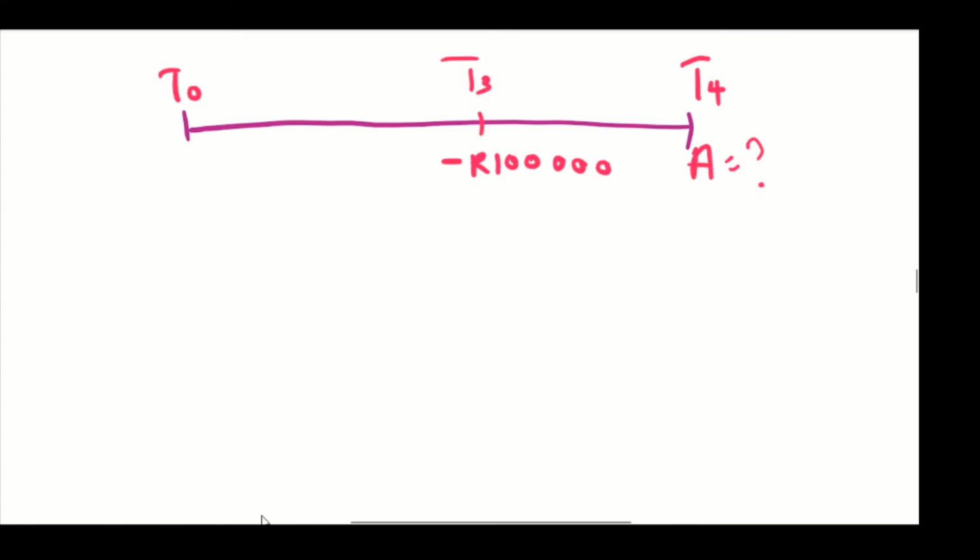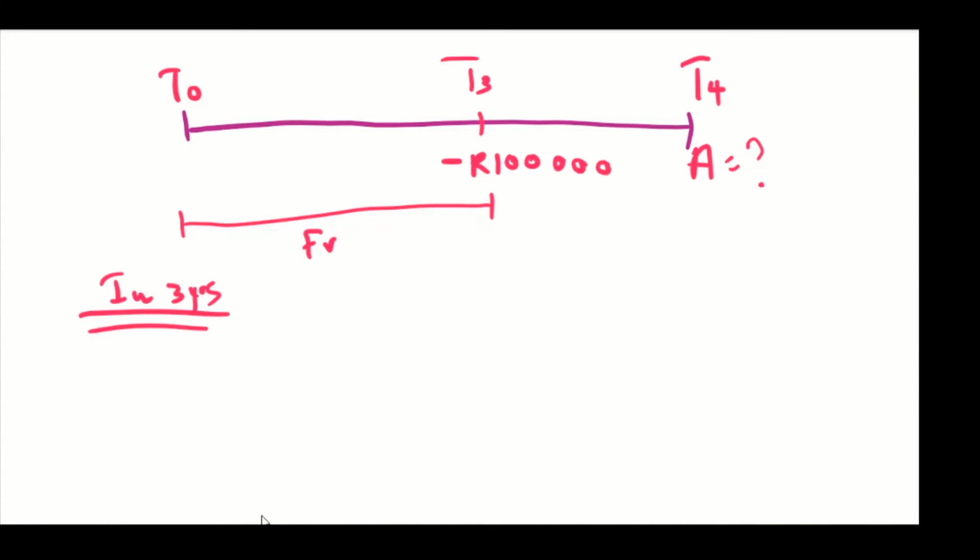Because he invests 15,000 rand quarterly, let's find FV from T0 to T3, right? For the first 3 years, we want to identify the future value annuity, which equals x into (1 plus i) to the power of n minus 1, divided by i.